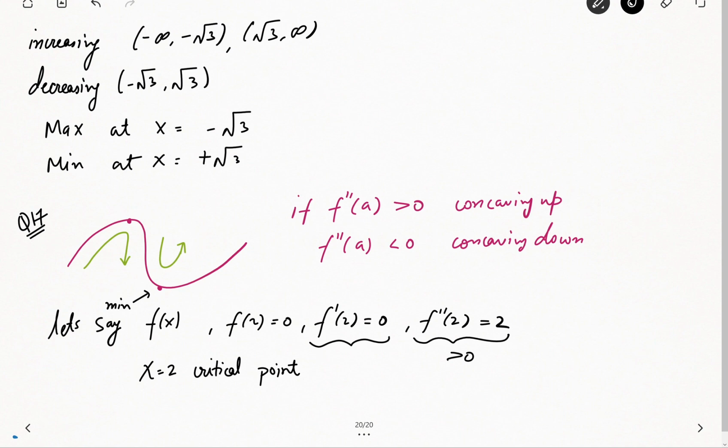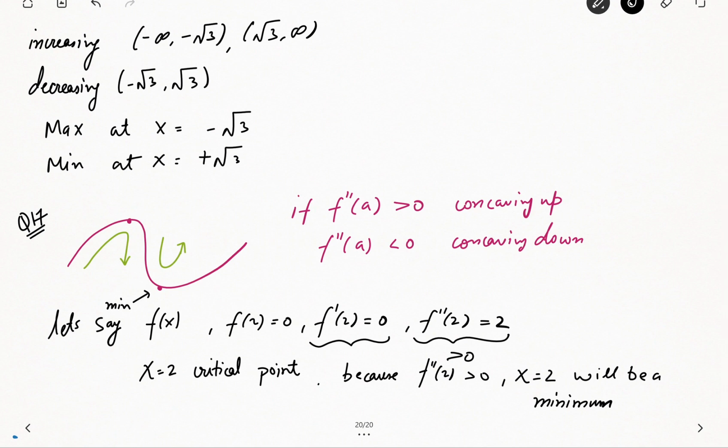So using that information, because the double derivative is positive, because it is greater than 0, then x equals 2 will be a minimum. It's pretty straightforward if you have the intuition from the graph, right? So you can pick up that value, and that's what's going to happen.